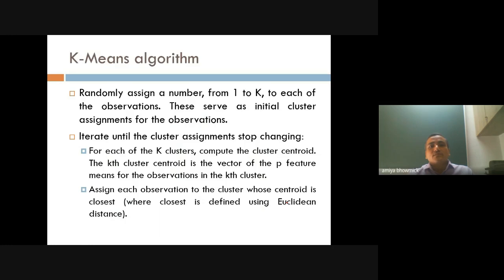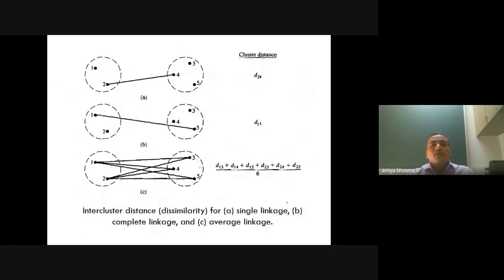Understand? As we said, there are several possibilities of distances. Here the distance between clusters can be like this. The first one is called single linkage.